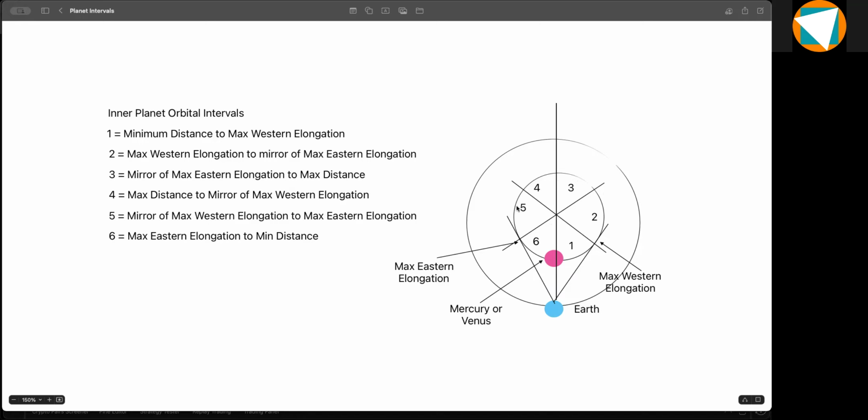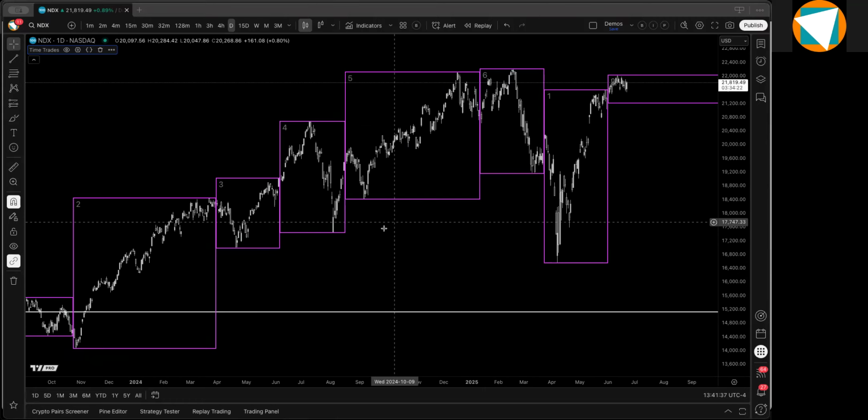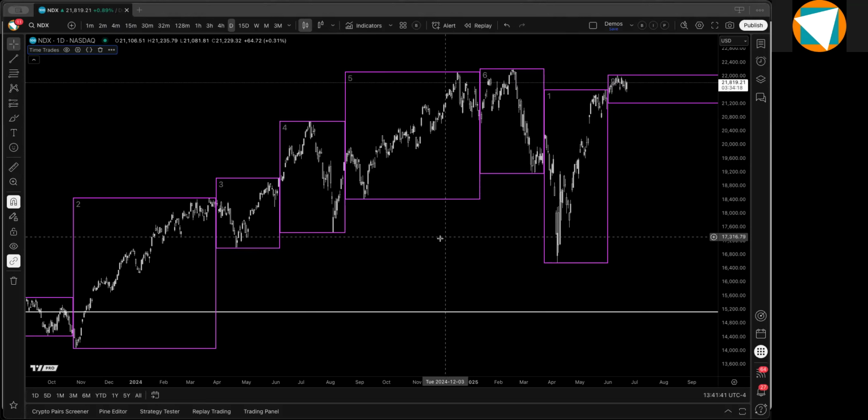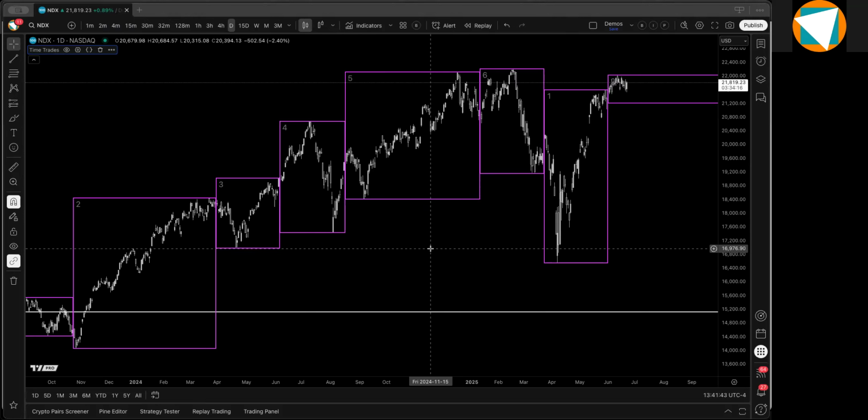Interval 5 is where speed is at its peak, moving towards Earth, and then interval 6 completes the cycle, moving into the next solar conjunction. So that's an overview of what an interval is, and there are 6 intervals, and what we've done here is display those on the chart and identify them in pink boxes and number them accordingly.